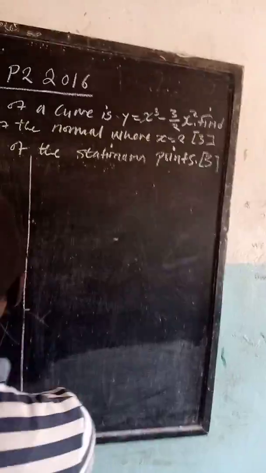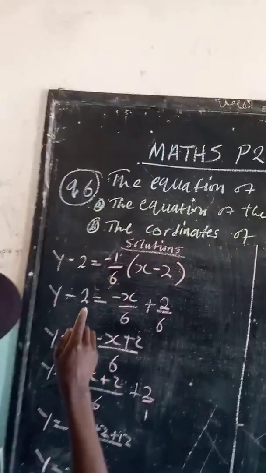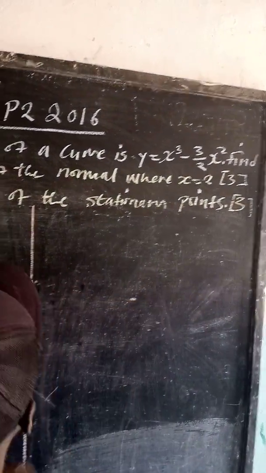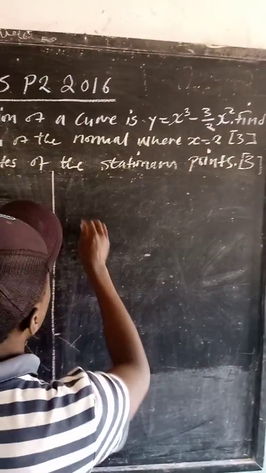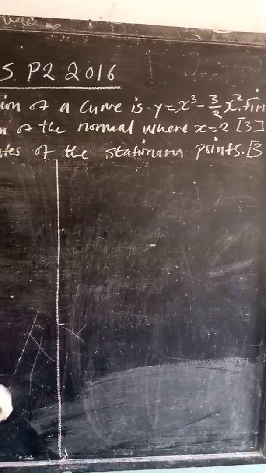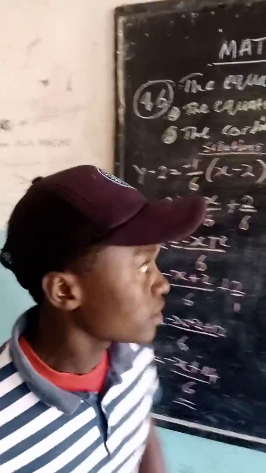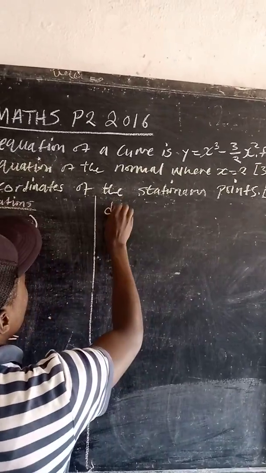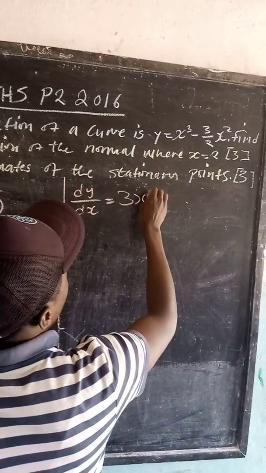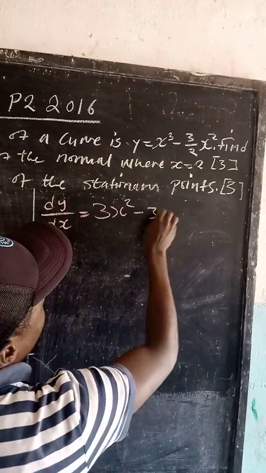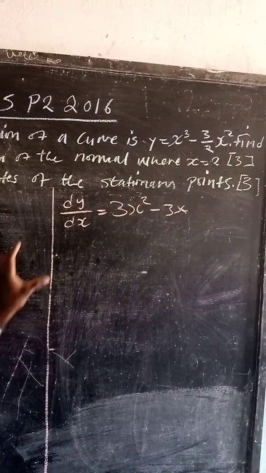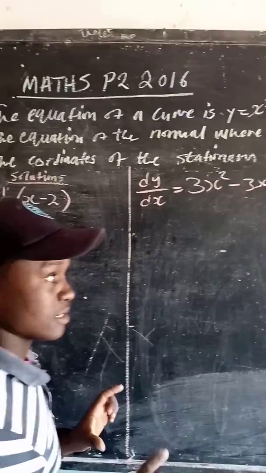So we'll move on to question B, which says find the coordinates of the stationary points. So to find the coordinates of the stationary point, since at the first place we have already found dy/dx, we can now say dy/dx is equal to the gradient.